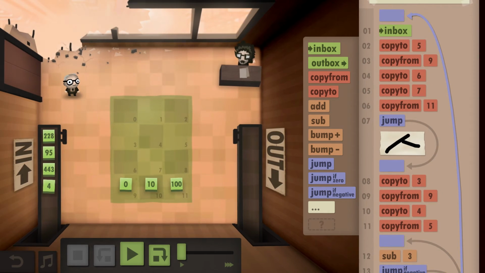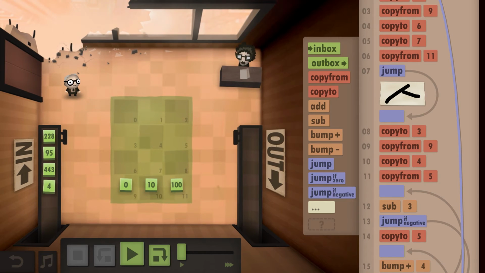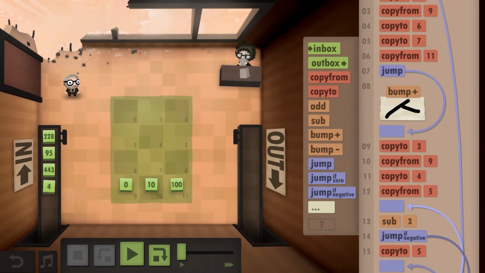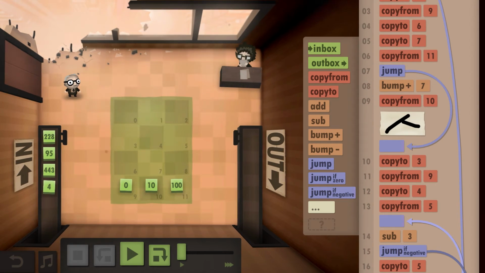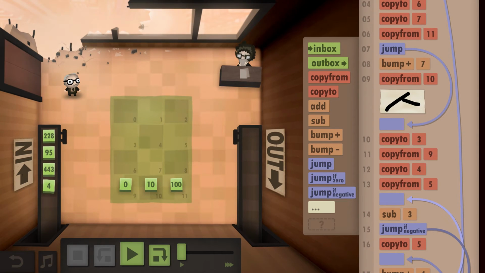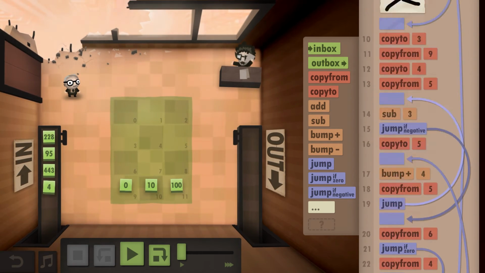Oh, and this actually needs to be brought down. Wait, I forgot something here. We bump that up and then copy from that location. Then we need to have that jump over those two as an option, and we need one to jump back up there. Where is the one that I left?